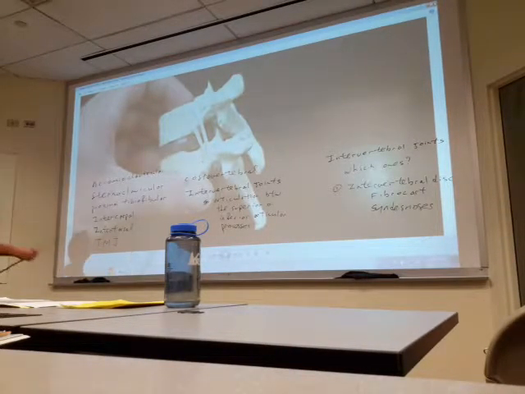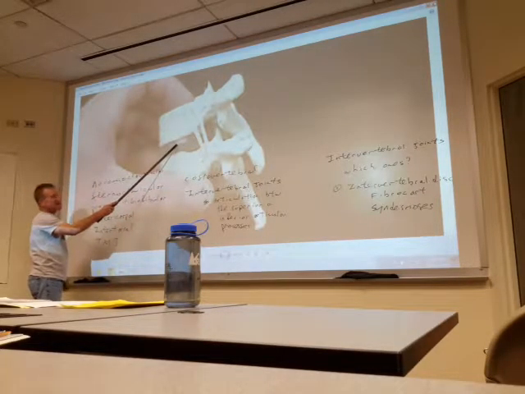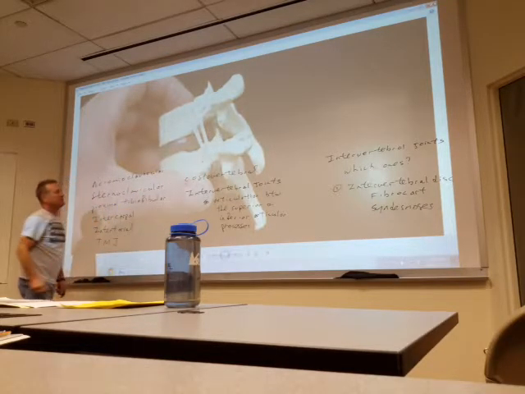These. So this is a symphysis. This is a gliding synovial joint.